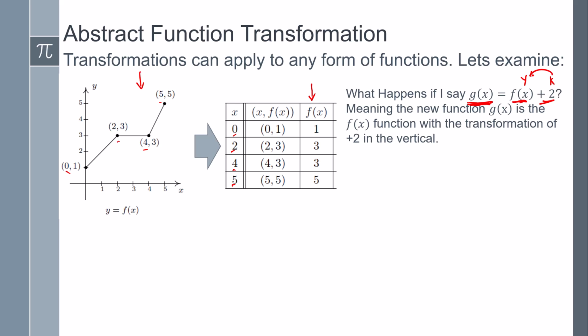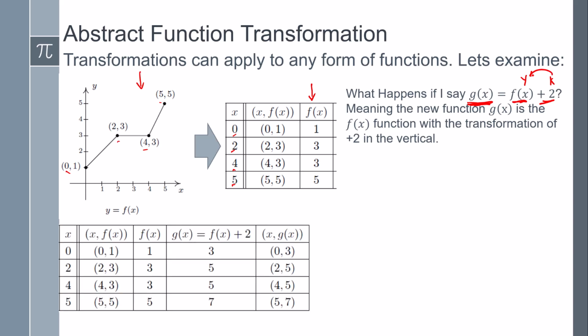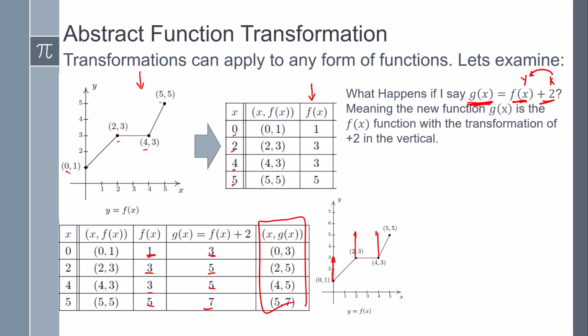So I take each y value and add 2 to it. I have this new set of points that I can then graph. I'm translating everything up 2 points, and I get this new graph.